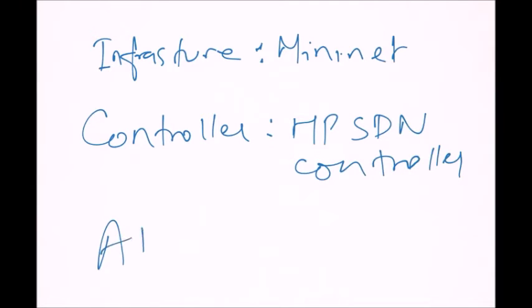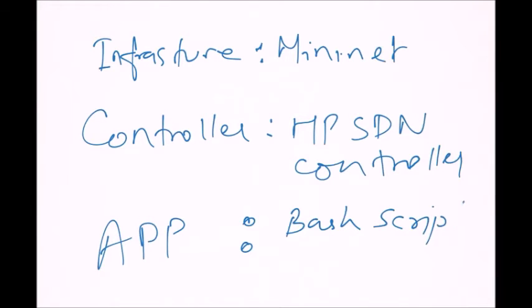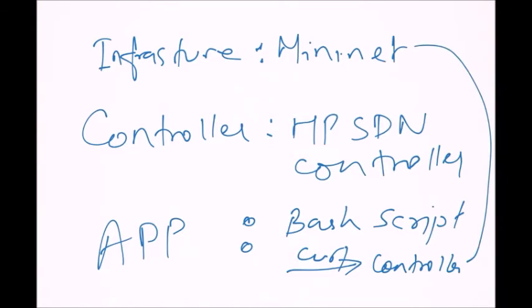And for the app part, I didn't design a full-fledged app, but what I'm doing is writing a bash script, and I push this script to my controller using Perl, and then I control the flow in my devices.